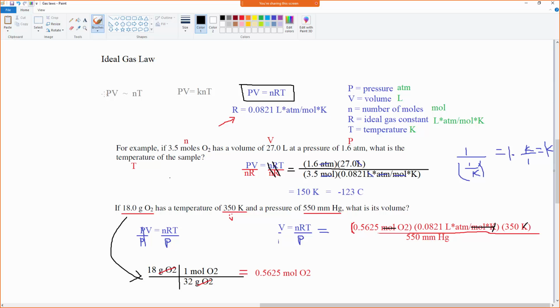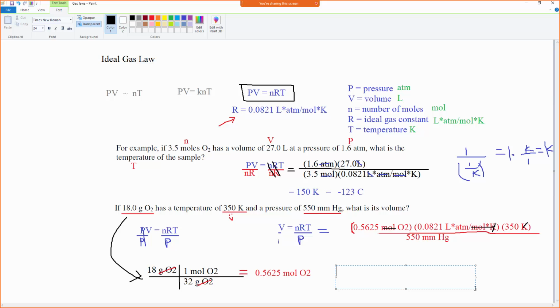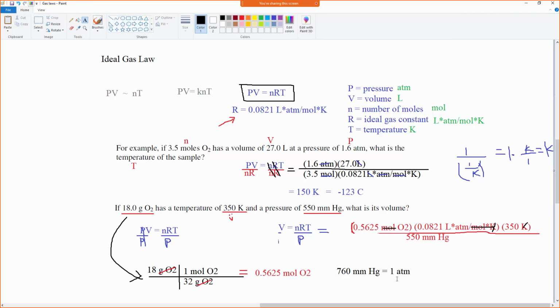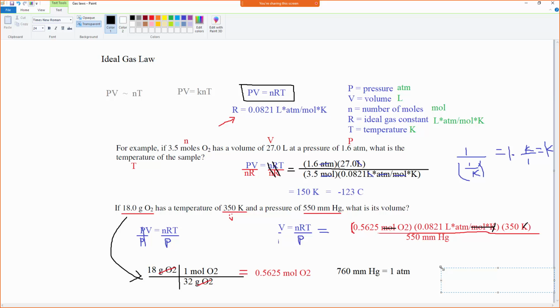Okay, so to convert from millimeters of mercury to atmospheres, again, this is given to you on your equation sheet. You don't have to memorize this, but 760 millimeters of mercury is equal to 1 atmosphere. And then you just need to know how to put that together. It's just dimensional analysis.